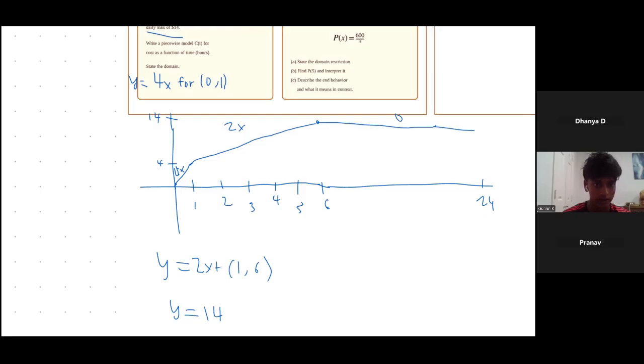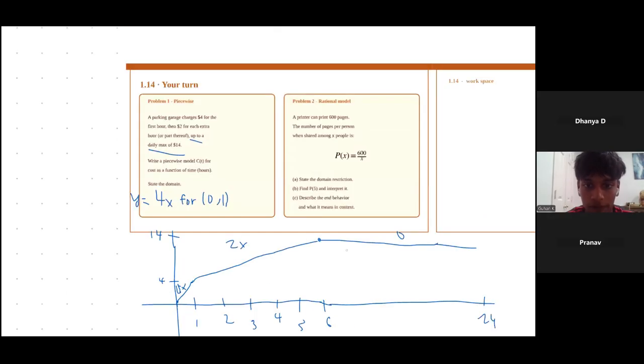That way we get our actual linear line. And then Y equals 14 for X from X equals 6 to 24. So that's our answers for problem 1.